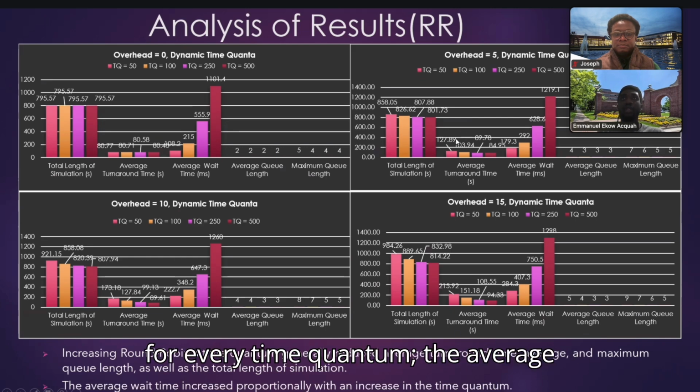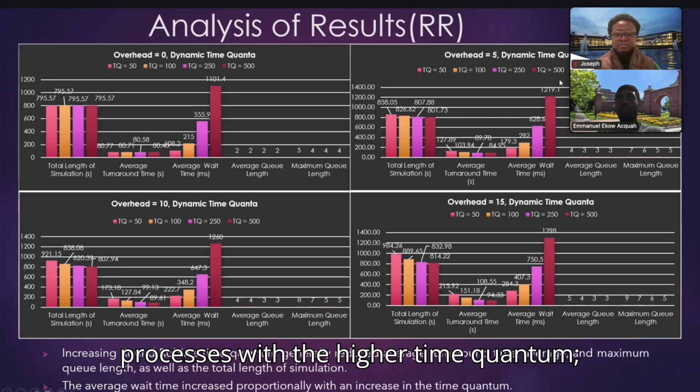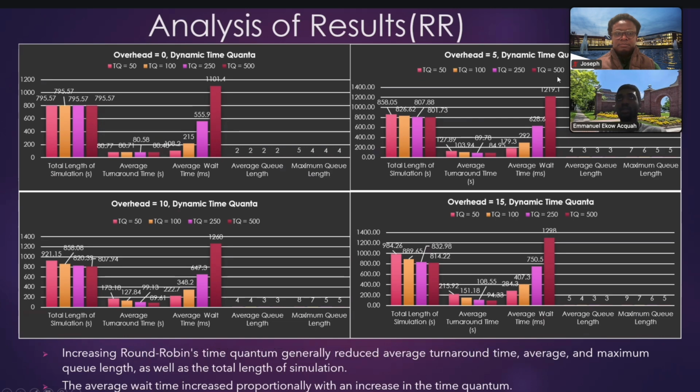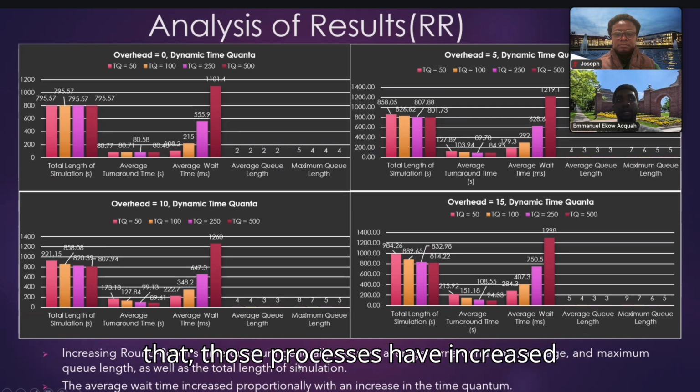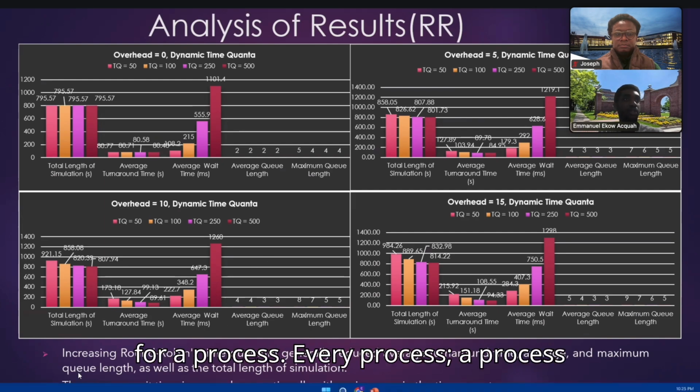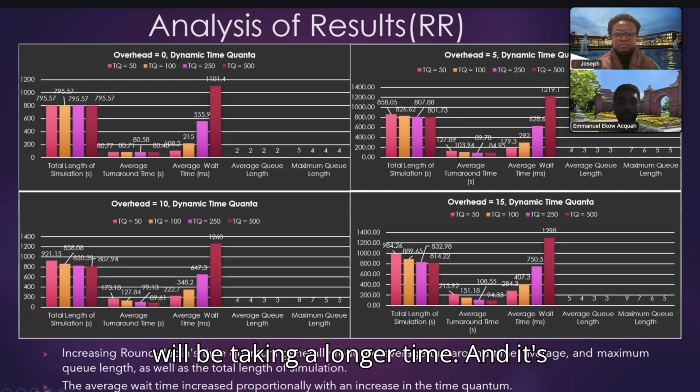For every overhead, the average turnaround time for the processes with the higher time quantum, that's the red one, is always lower than the one with the lowest time quantum. And the average wait time for those processes has increased because a process will be taking a longer time.